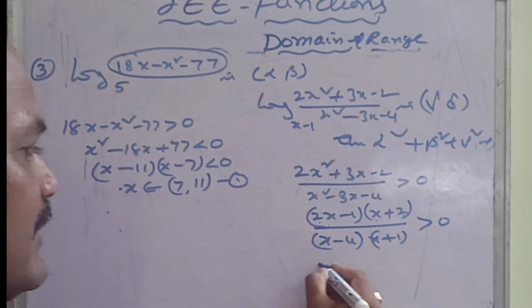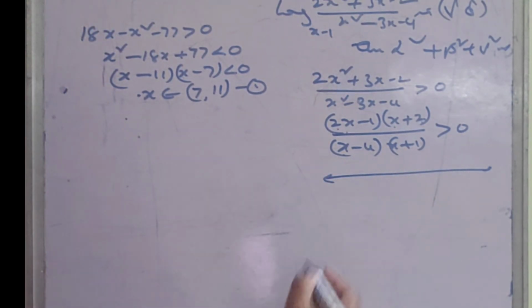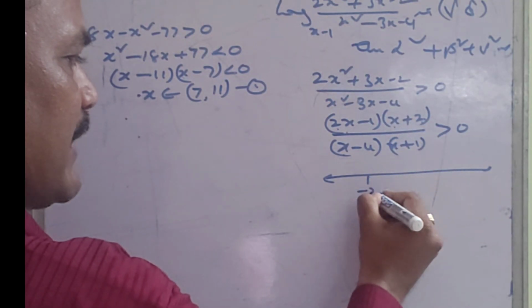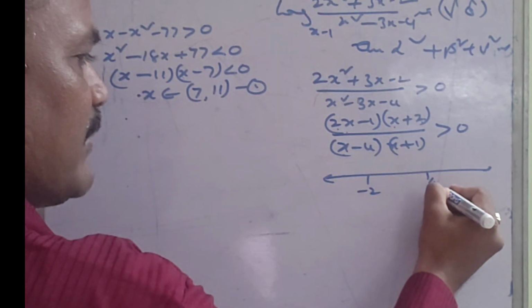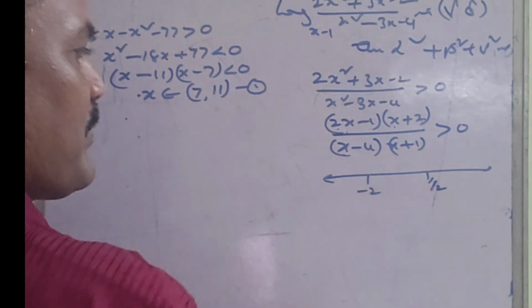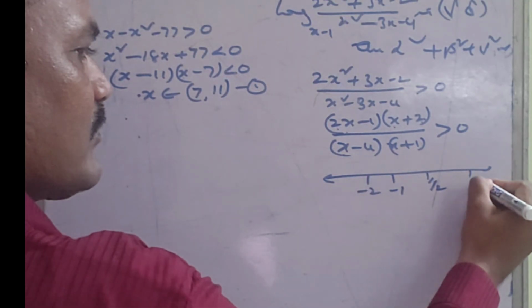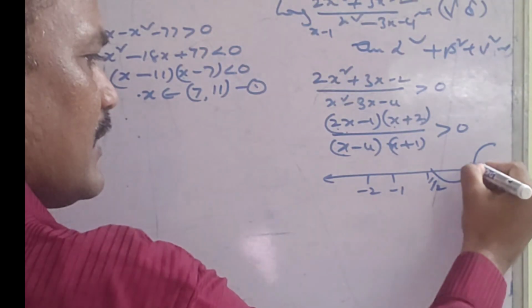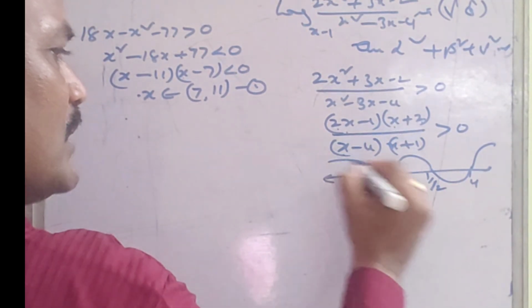So here, we use the wavy curve method. The critical points are x equal to minus 2, minus 1, 1 by 2, and 4. The signs alternate: positive, negative, positive, negative, positive.